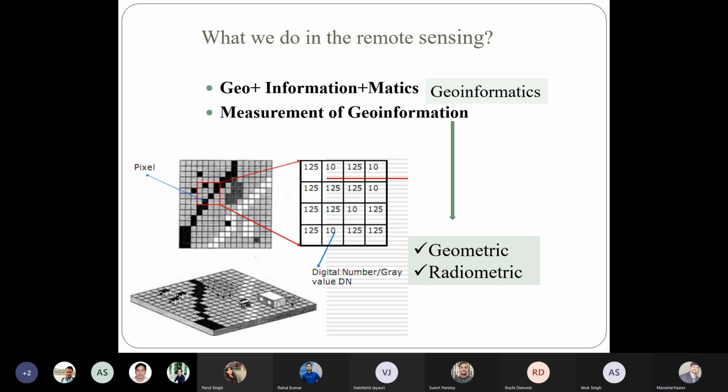It means without touching that object, that entity, you want to collect the information. So this is the general meaning of remote sensing. What we do in remote sensing, if you see your branch name is Geo-Informatics.